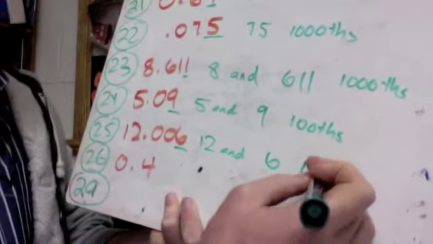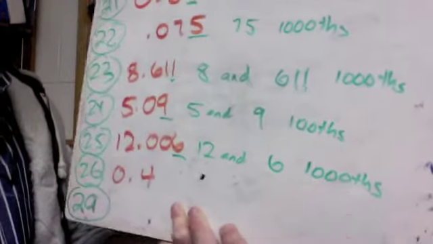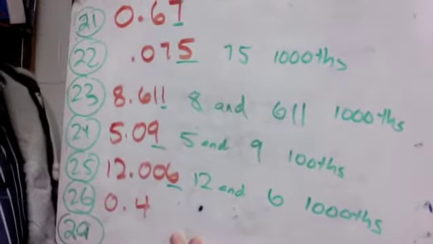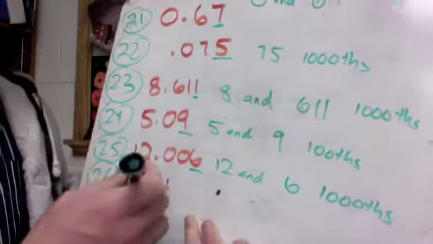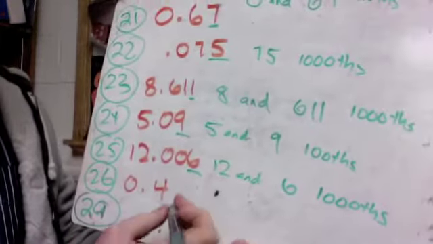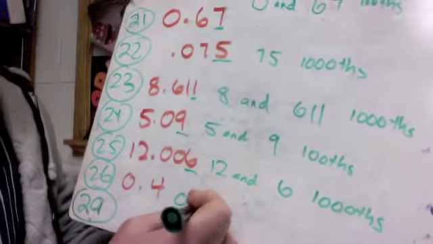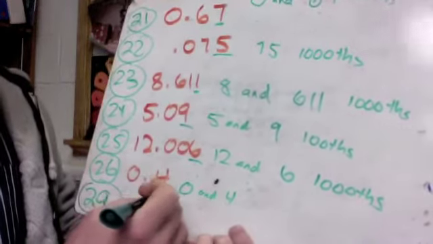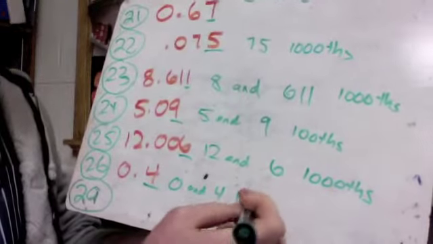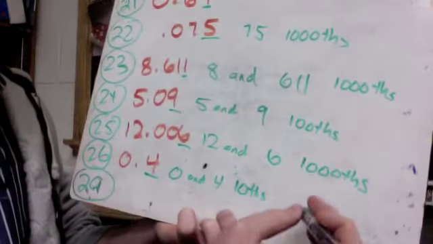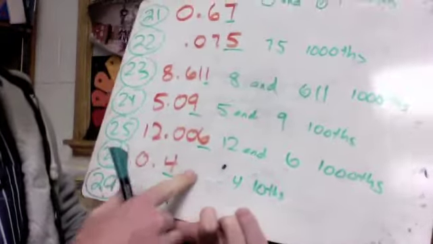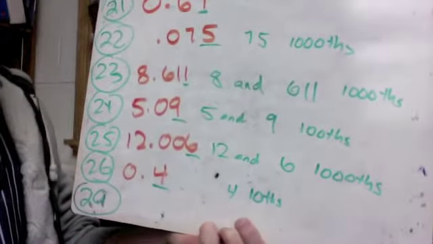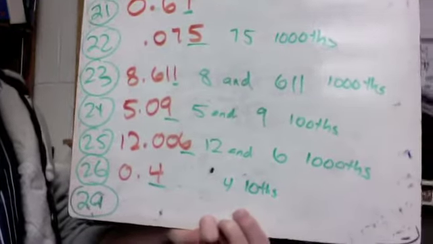So it would be 12 and 6 thousandths would be fine for that one. And then the last one, I could write it a couple of different ways. I could do 0 and 4, that's in the tenths place. Or I could just simply write 4 tenths and it would work out just fine.